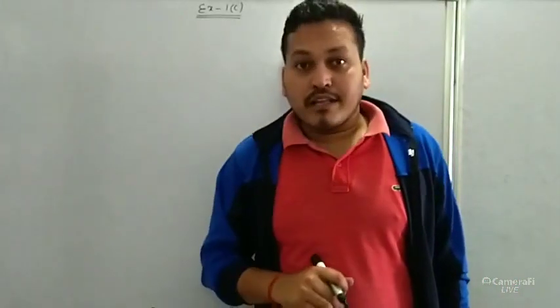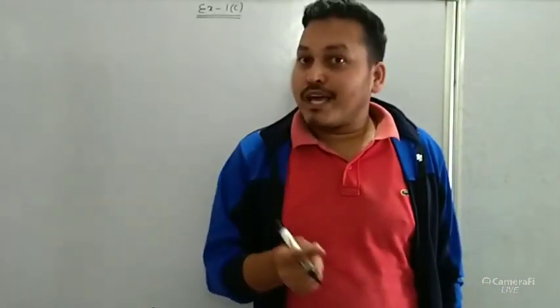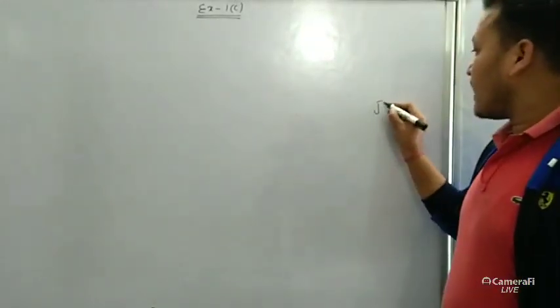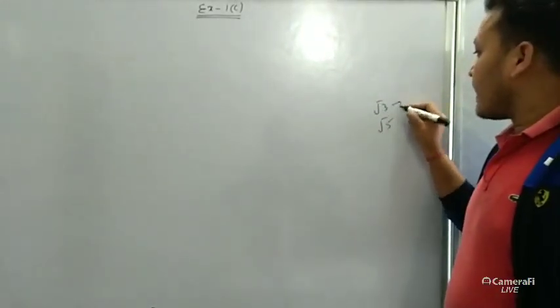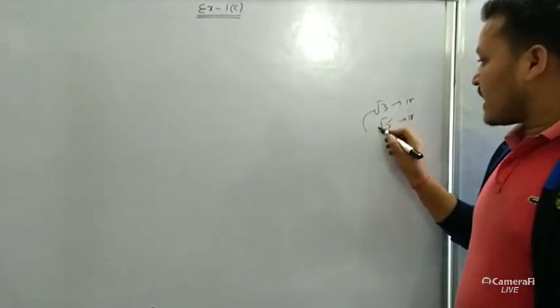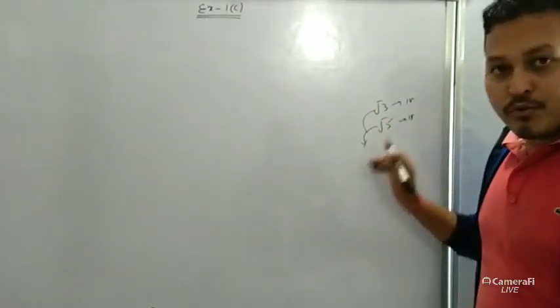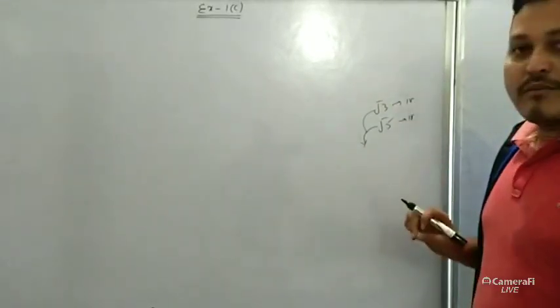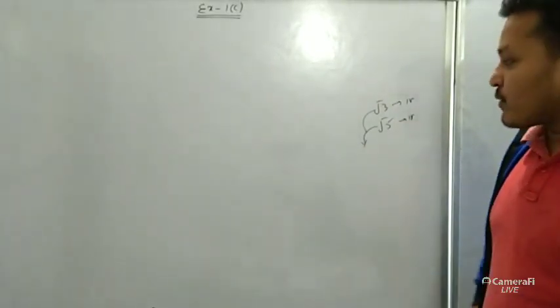One question is left in that exercise, which is to prove that root 3 or root 5 is an irrational number. So we can prove that root 3 and root 5 are irrational numbers with the help of two methods.